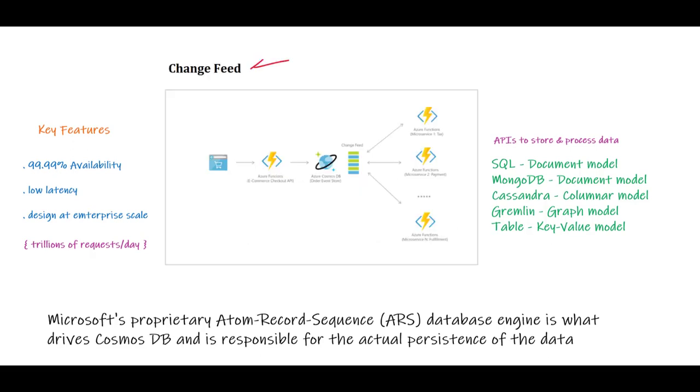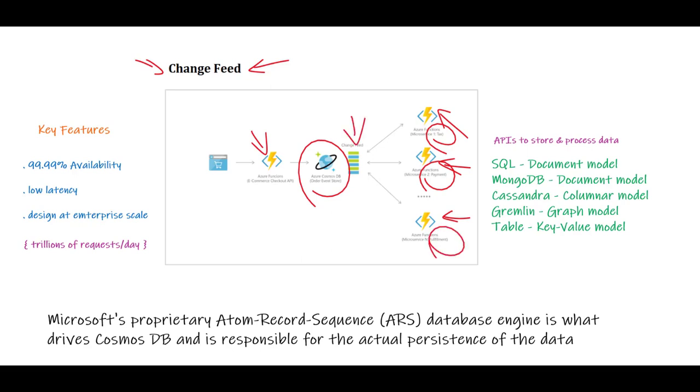How about change feed? This is another one. You want to make sure that Cosmos, via a function, is able to kick off more functions that are updating things, like, for example, tax information, payment information, fulfillment information that are updated constantly to Cosmos DB.